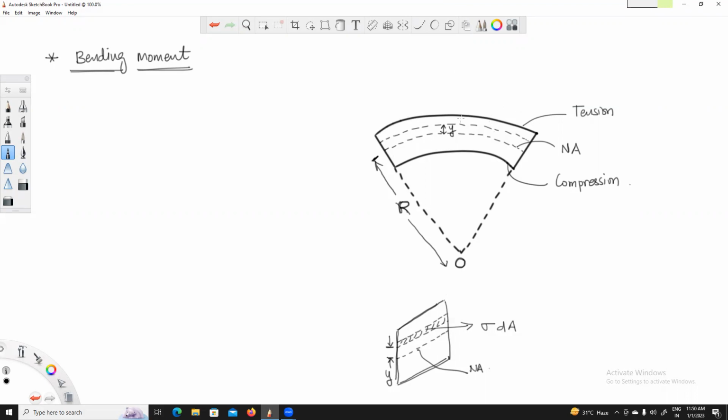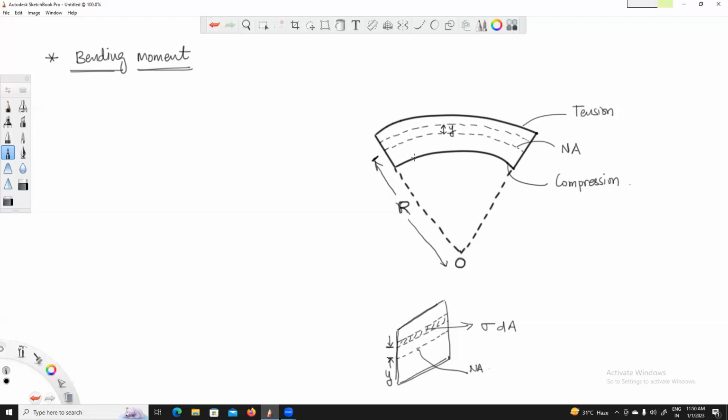You can see there is a neutral axis as shown in this figure. The length of the top fiber has increased, so it is under tension. The length of the bottom surface has reduced, so it is under compression.